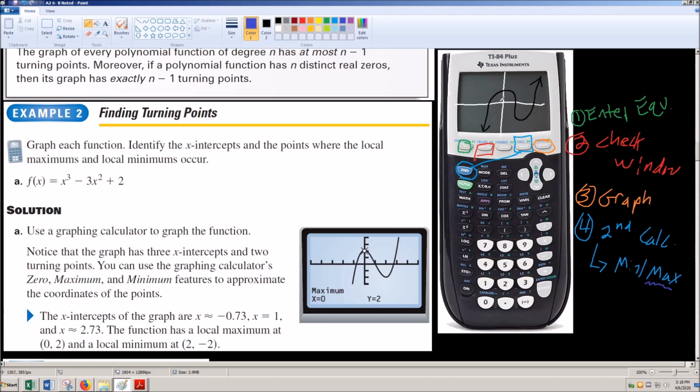It's going to tell me to select a point to the left. Here's my maximum, it's right around here. I'm just going to scroll until I get about to here. I'm going to hit enter, and then it's going to say, okay, right limit, and then I'm going to go over here clearly past where my top is, and I'm going to hit enter. It says guess. I don't know why it says guess.